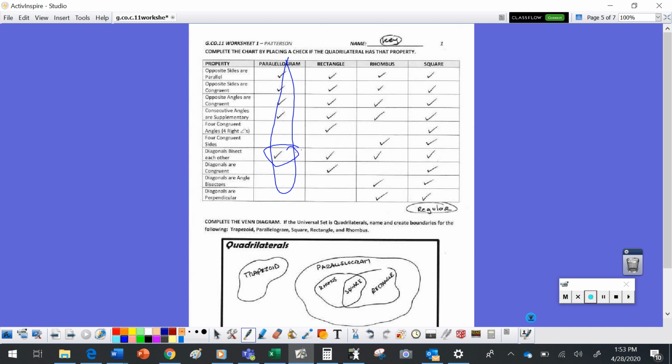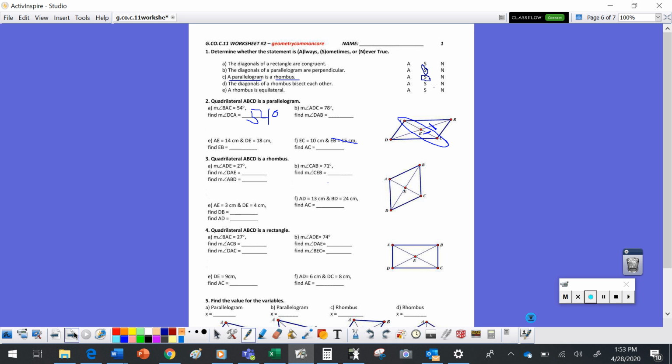Now, if the diagonals bisect each other, and I look at this diagram, if EC is 10, that means AE must be 10. So if these are congruent to one another, and they're each 10, that means the length of the whole segment has to be 20 centimeters.